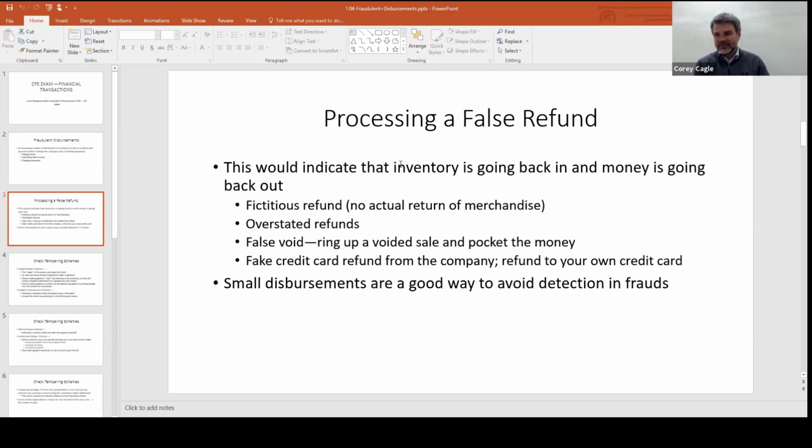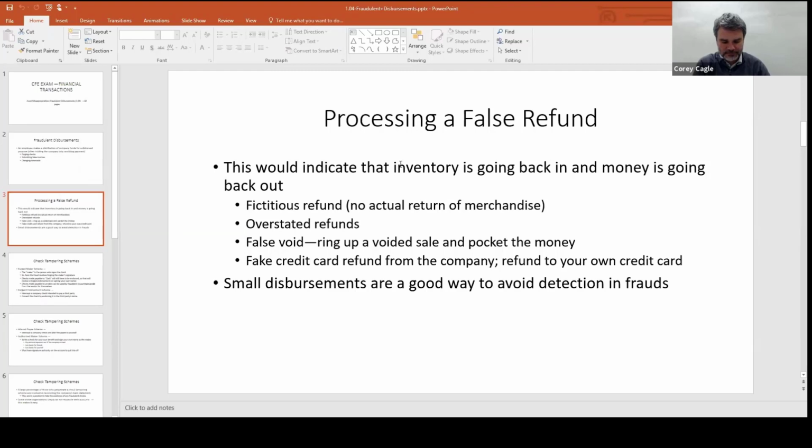I can't think of a way they might word it, but I feel like your test question would be, if you're processing a fake refund, it's going to fall out in inventory somehow. I feel like that's how your questions would be worded probably. Red flag would be problems with inventory and things like that. Your inventory on the balance sheet would be overstated, right, compared to what's in the storeroom. That might be a way this test question gets at this.